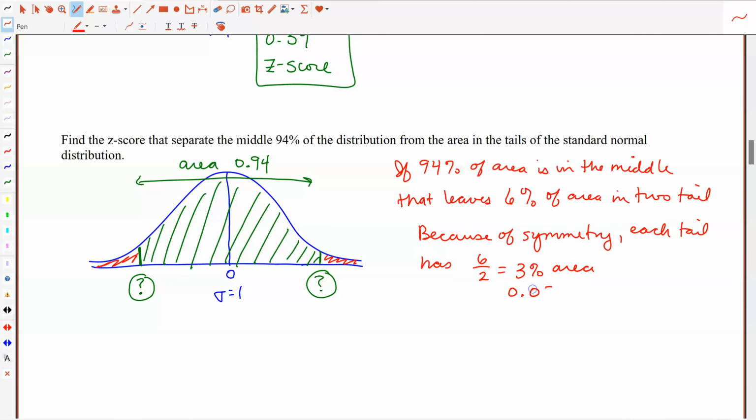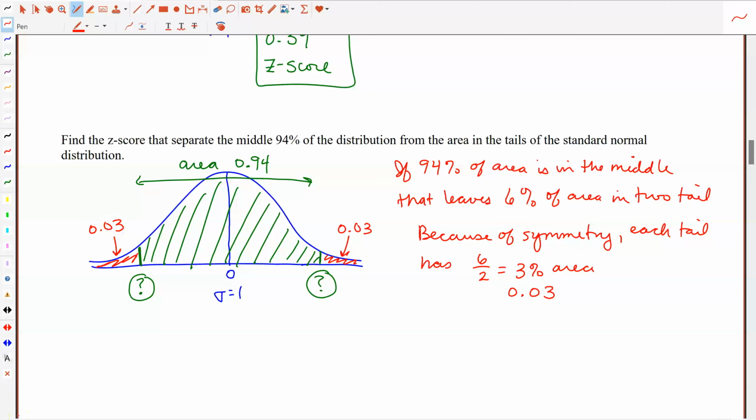And 3% as a decimal would be 0.03. So this area right here is 0.03, and this area right here is 0.03. So let's find the z-scores that would have these kind of area requirements.